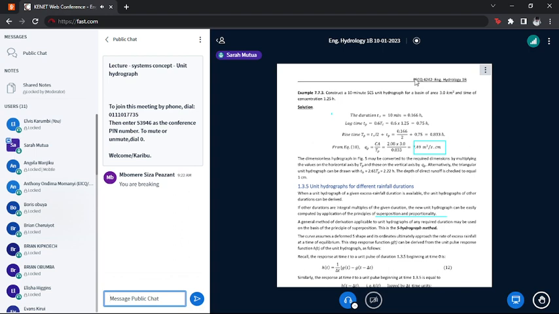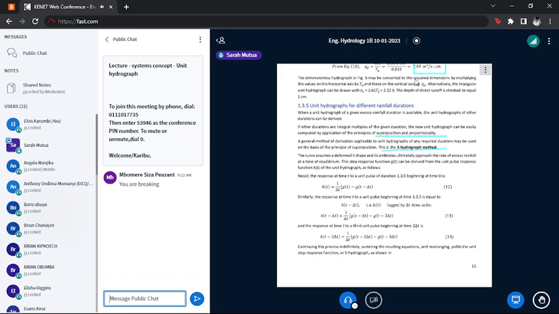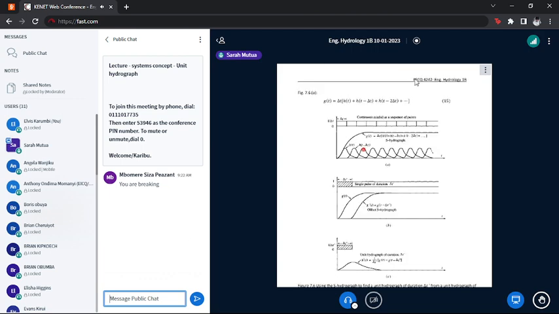And we use this by generally applying the S hydrograph. Normally the S hydrograph is obtained by adding a number of unit hydrographs.